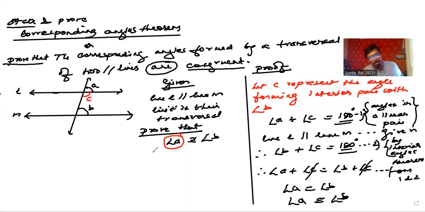You learned its proof. The alternate angles formed by a transversal of two parallel lines are congruent. Later, theorem number 3, the corresponding angles theorem: the corresponding angles formed by a transversal of two parallel lines are congruent. You learned its proof too. So from now on, when you see two parallel lines with a transversal, these three properties should come to your mind: interior angles are supplementary, alternate angles are congruent, corresponding angles are congruent.